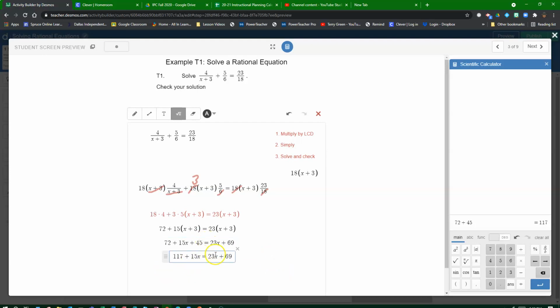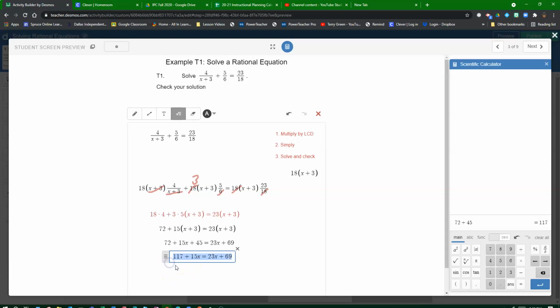I'm going to let the right side be my variable side, and I'm going to let the left side be my constant side. So that means I need to subtract 15x from both sides, and I need to subtract 69 from both sides.